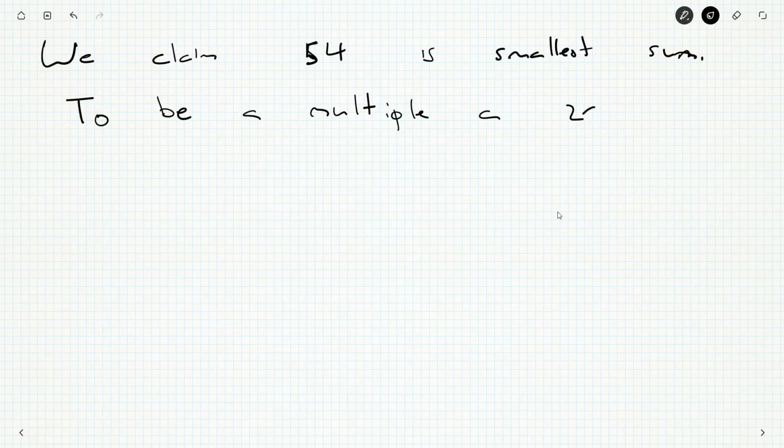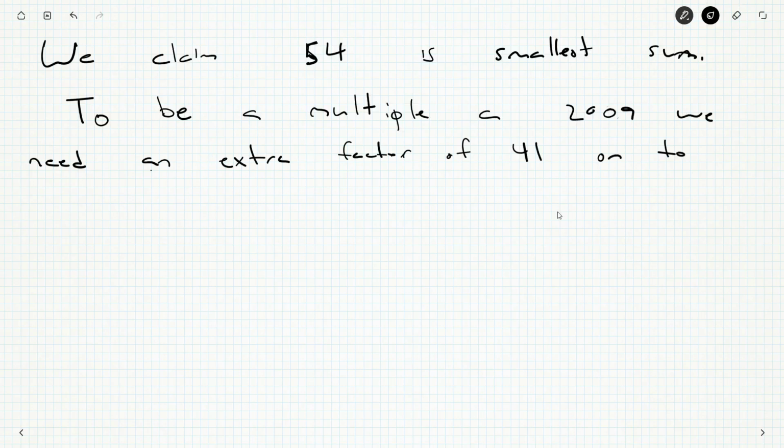So to be a multiple of 2009, we need an extra factor of 41 on top and 2 extra factors of 7. But they don't all have to come from the same place, but I'm going to argue that they need to be 49.